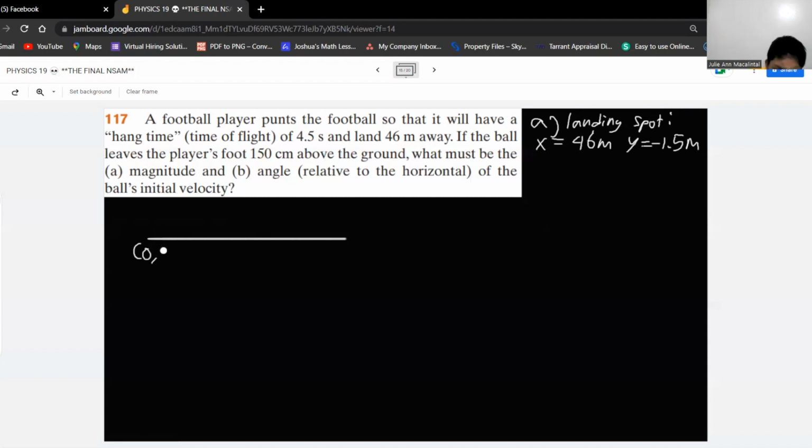So your initial position is going to be 150 cm. Tapos may angle of flight, which you don't know yet. So sketch the initial velocity. Hindi natin alam yung angle, hindi natin alam yung initial speed. But we know it lands 46 meters away. So it's going to land at 46.0.